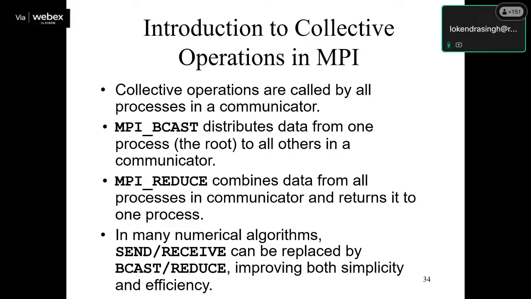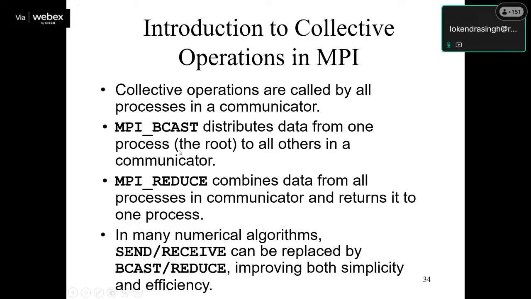Collective operations are called by all processes in a communicator. So in a communicator, there are a number of processes from 0 to size minus 1. All these collective operations are used for data movement.